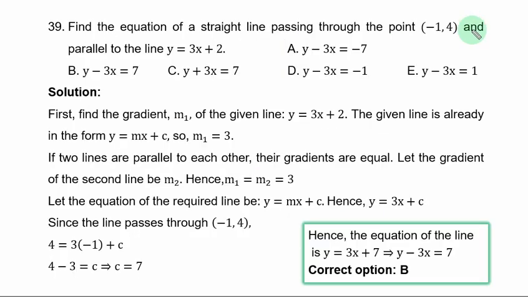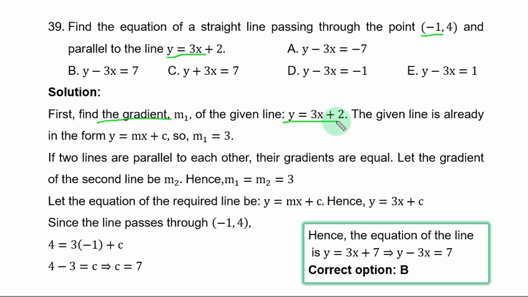Question 39. Find the equation of a line passing through the point minus 1, 4 and parallel to the line y equal to 3x plus 2. Solution. First, find the gradient m1 of the given line.